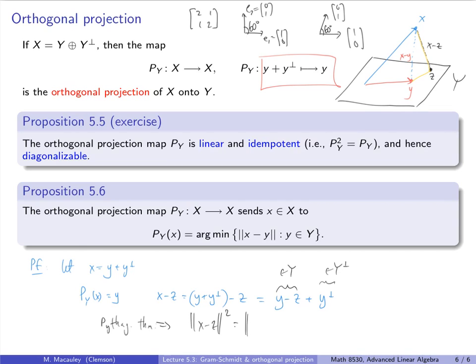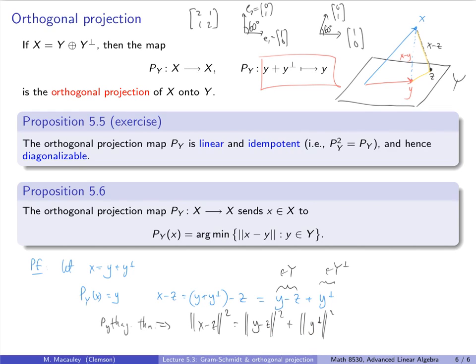So we can write this as the norm of y minus z squared plus the norm of y perp squared. Now y is fixed by x. So is y perp. But what's variable, what's changing is z. So z can be anything in Y. And so the question is, how do we minimize this right-hand side? We can't touch that, but z can change.